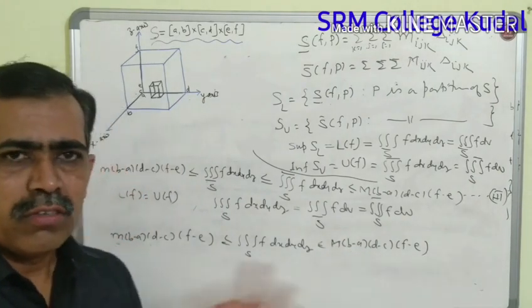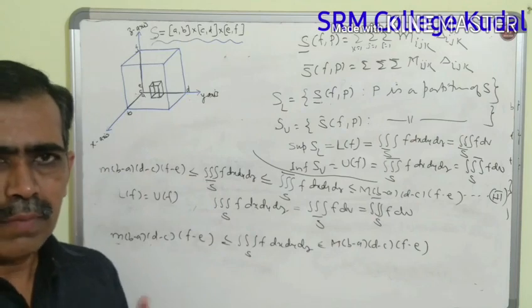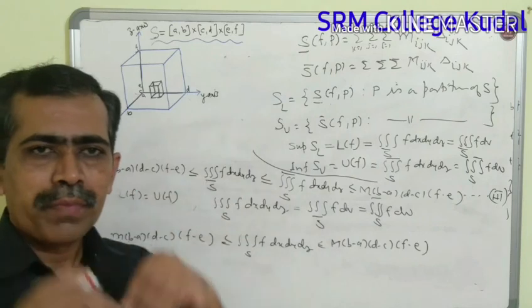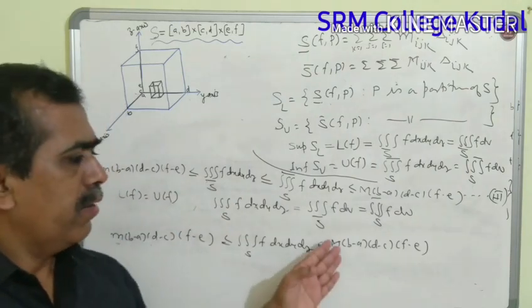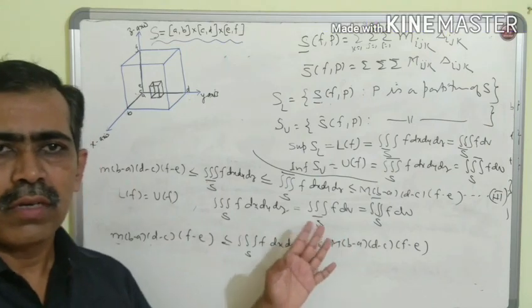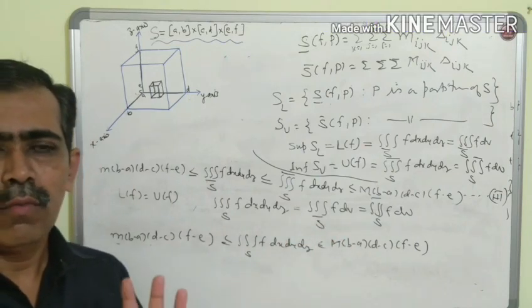So this is how we can define the triple integral of a function of 3 variables defined on a cuboid, and we can prove that it lies between these two numbers. Hope you have followed everything.